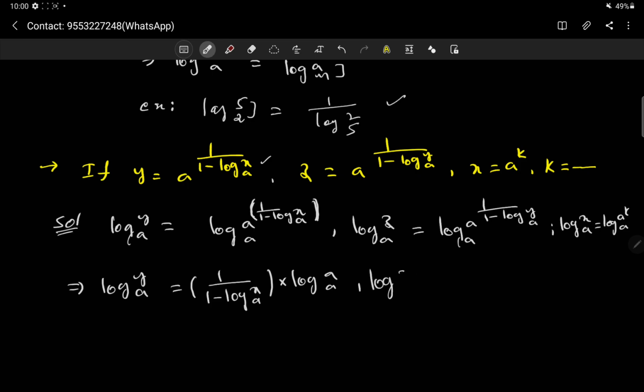Now log z base a is equal to 1 by 1 minus log y base a, into log a base a, whose value is 1 only. Now log x base a is equal to k into log a base a, whose value is 1. From this equation, log x base a can be taken as k.